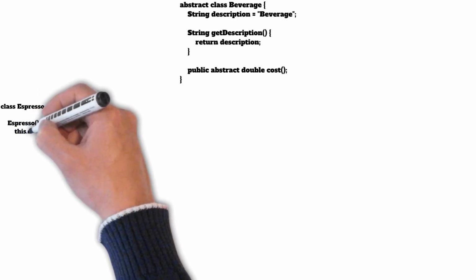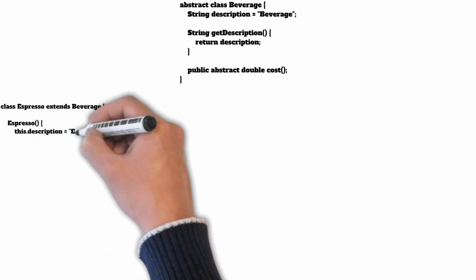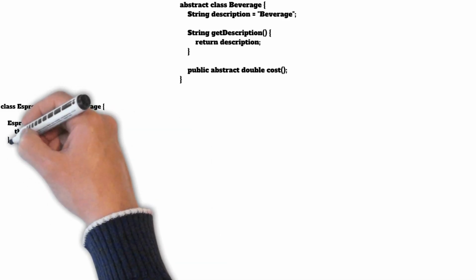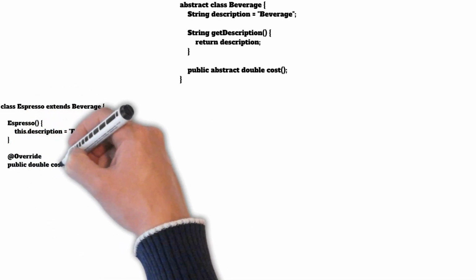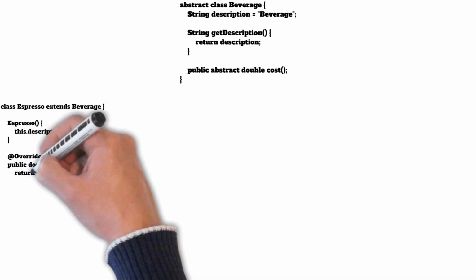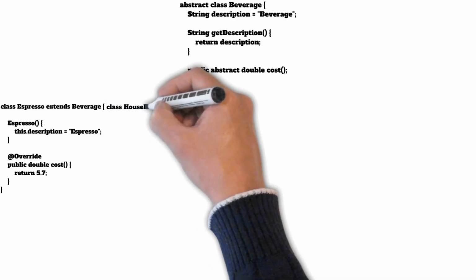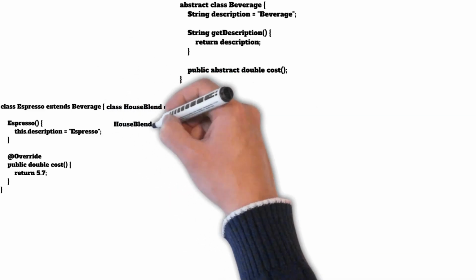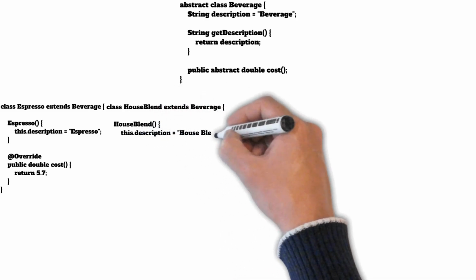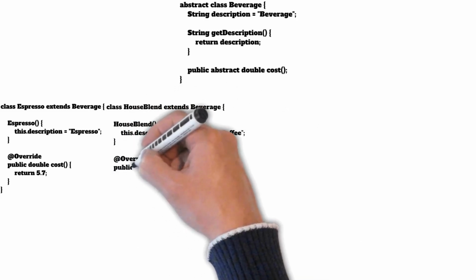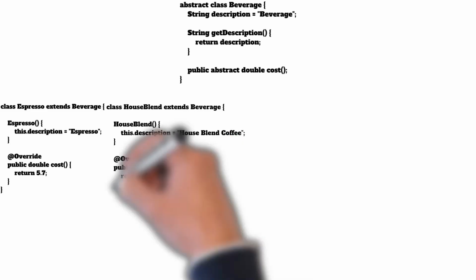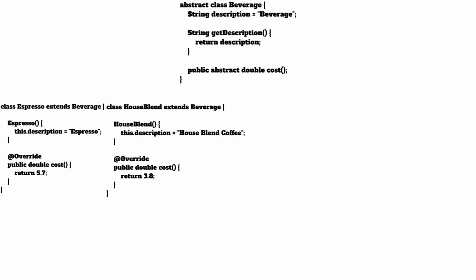So it updates the description property inherited from the parent class to a more exact value. So it updates it to espresso, and it also overrides the cost method to give an updated cost for the espresso coffee. Similarly, house blend also updates the description to house blend coffee and overrides the cost method according to the cost.